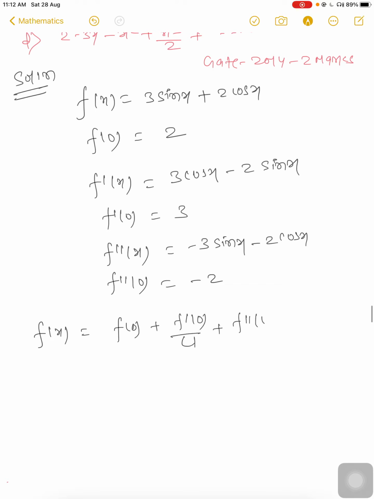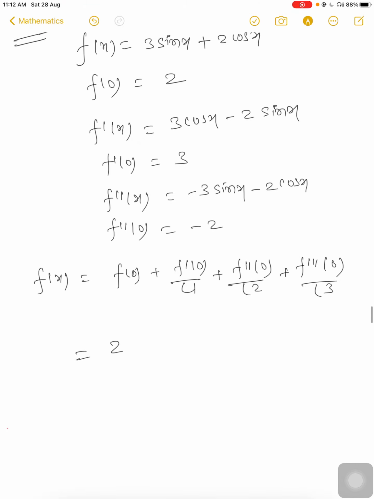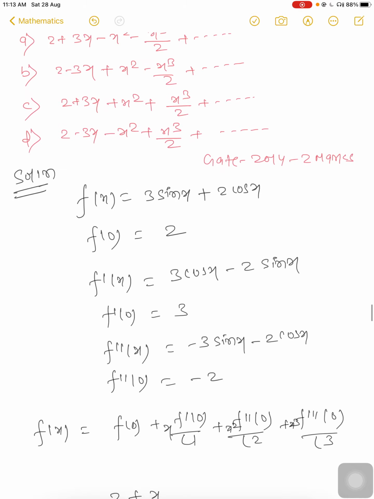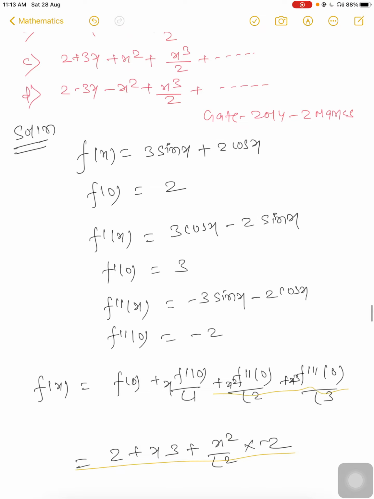So f(x) is equal to f(0) plus f'(0) x over factorial 1 plus f''(0) x² over factorial 2 plus f'''(0) x³ over factorial 3. So f(0) is 2, here x, here x², so it's 2 plus 3x plus x² by factorial 2 and f''(0) is minus 2.